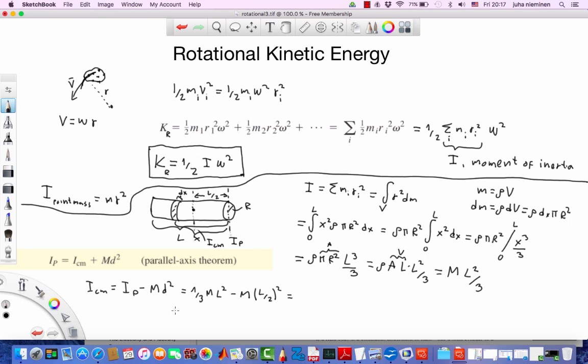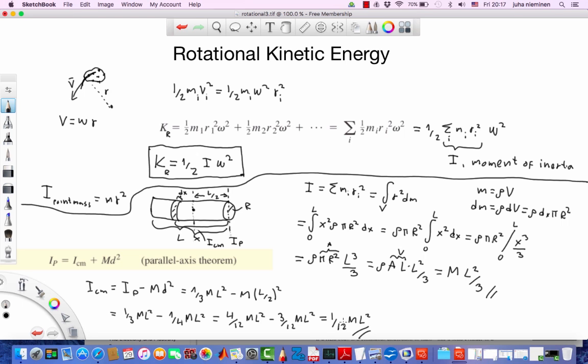So we get 1/3 m L squared minus 1/4 m L squared. And we have to make the denominators the same, so we multiply the first by 4 to get 4 over 12 m L squared, and the second by 3, so we get 3 over 12 m L squared, and that is just 1/12 m L squared.